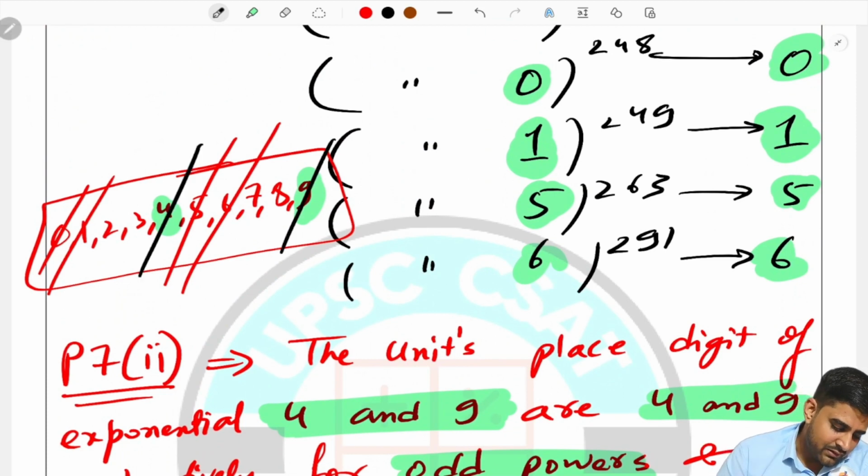What is left now? We have 2, 3, 7 and 8.